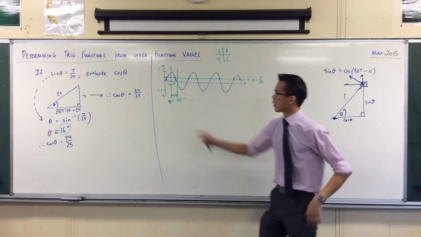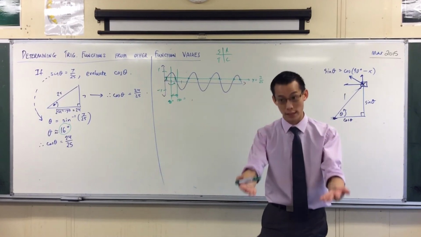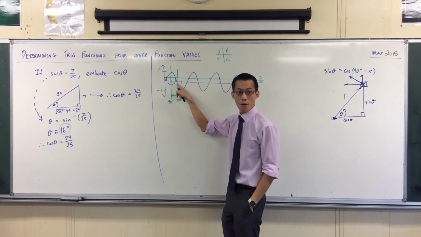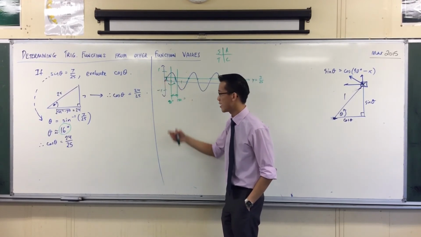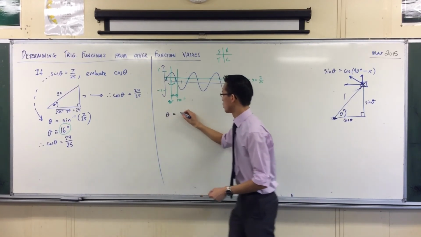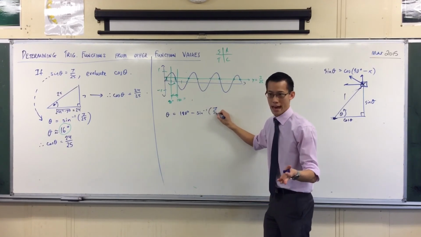That's coming forward from the origin. To get the obtuse equivalent of that angle, I've got to go 180 minus that angle. So I'm now considering theta equals 180 degrees minus sine inverse of that.